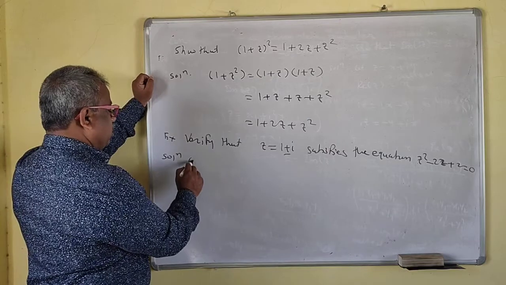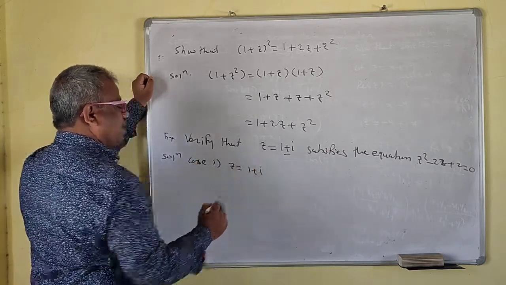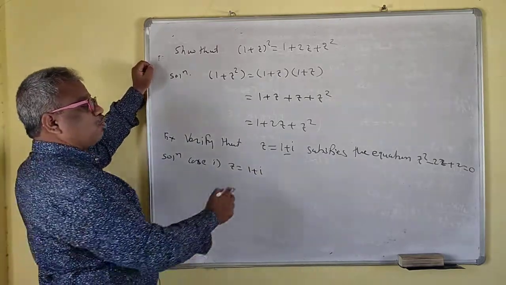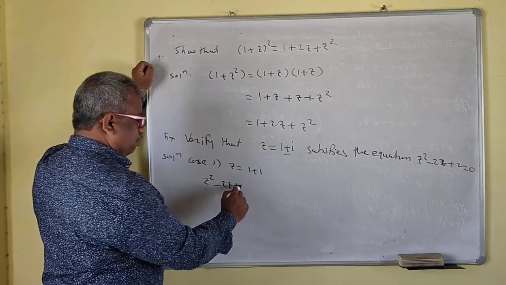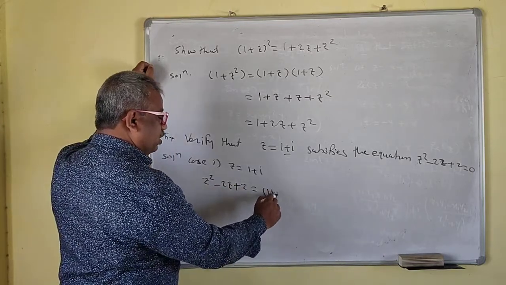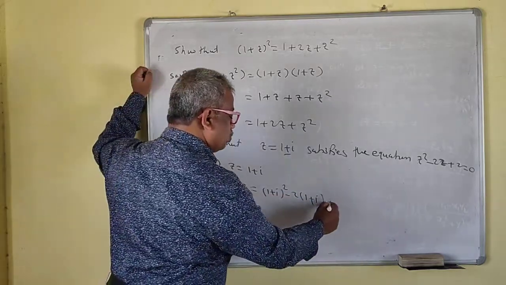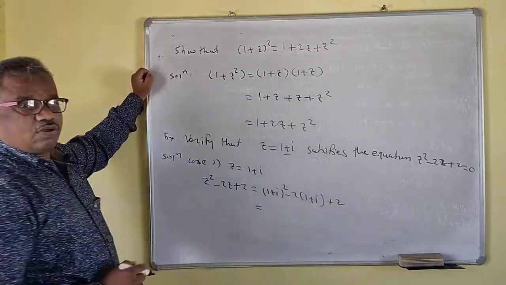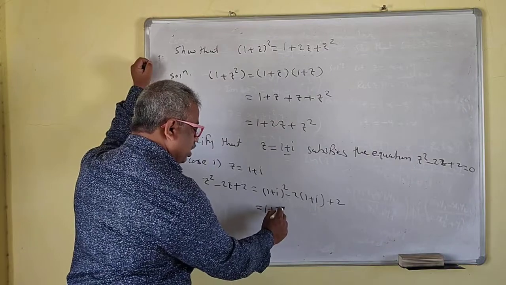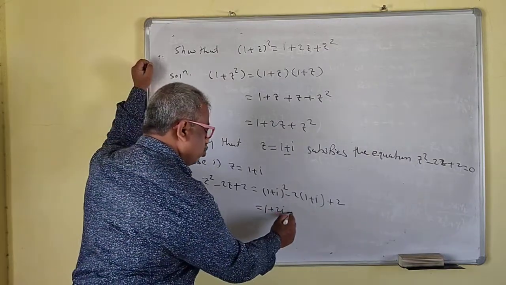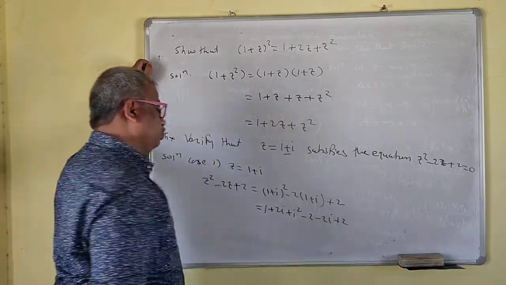Okay, so case 1. z is equal to 1 plus i. So this is what? z square minus twice z plus 2 is equal to (1 plus i) square minus 2 times (1 plus i) plus 2. Okay, so we'll do this as usual now. So this is what? 1 plus twice i plus i square, minus 2 minus twice i plus 2.